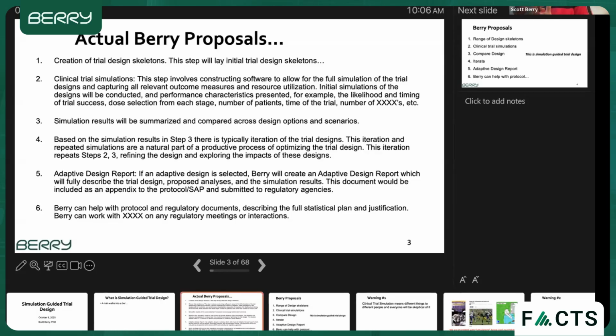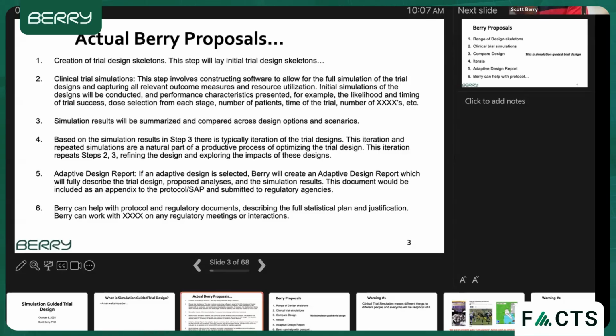Step 4 is iteration. You don't design an adaptive trial by throwing one up on the wall and saying, "Oh, that's it. Simulate it and put it in the protocol, and we're good." That's a weak use of simulation, and I'll talk a little bit more about that.